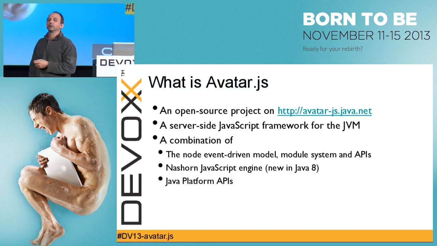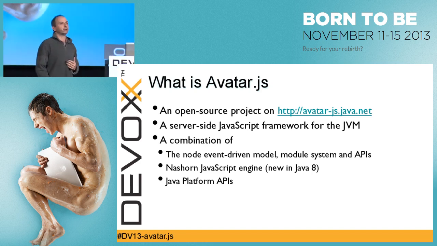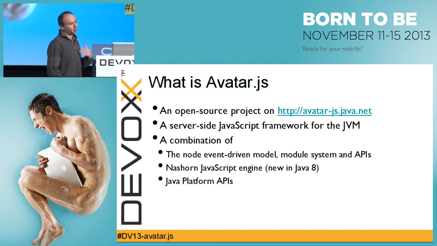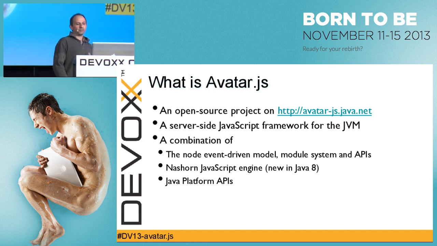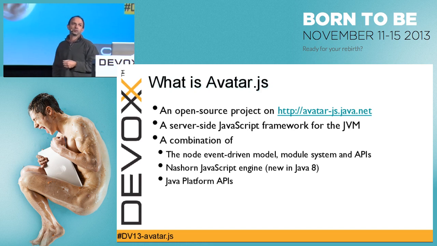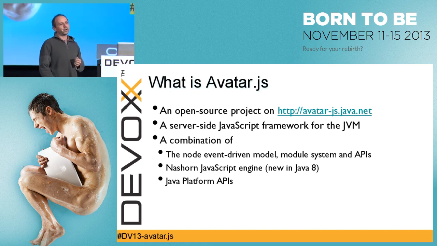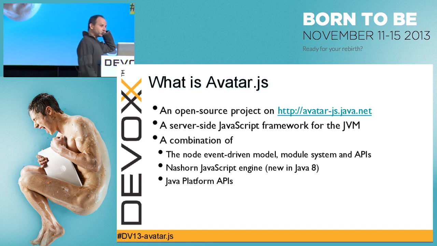So there are multiple ways to do that already. And one way that is very successful and efficient is the Node.js way to write server-side JavaScript applications. So in the Avatar.js project, we have acknowledged that.